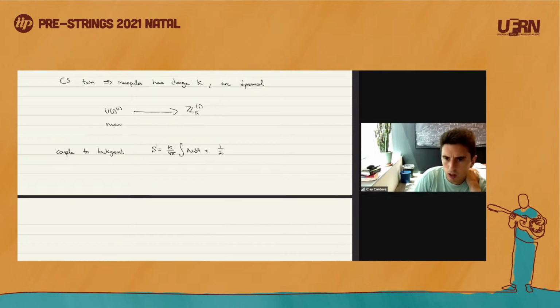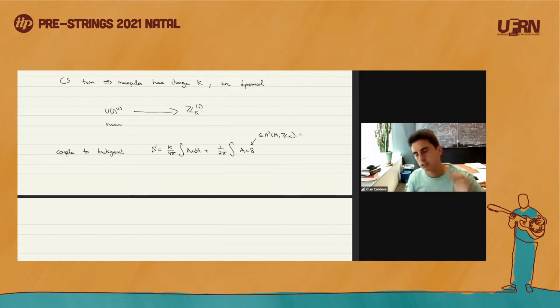But now we'll add a new term that looks like A wedge B, where this B we think of as being in H2 of our manifold with coefficients in Z_K. So that's going to be our coupling to a background B field. This is Chern-Simons theory coupled to a background field for its one-form symmetry. Now, you could ask, how can I see at the level of this action the reduction to Z_K? So let me go through that.